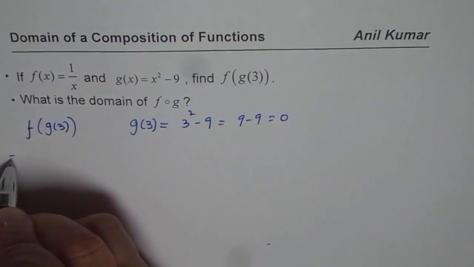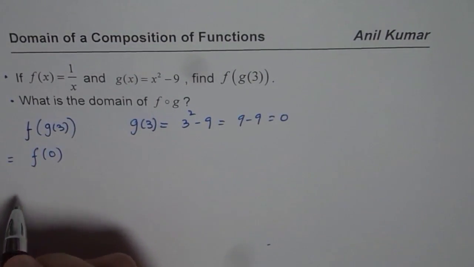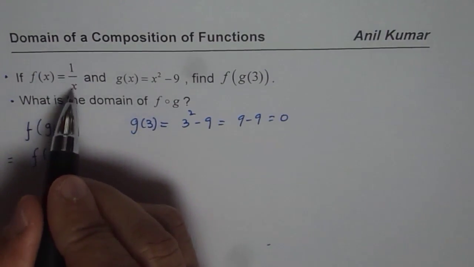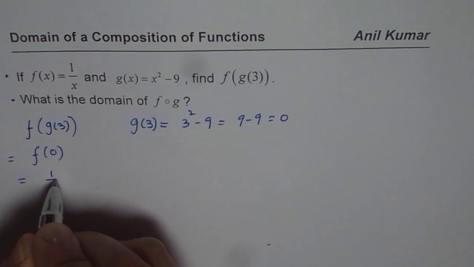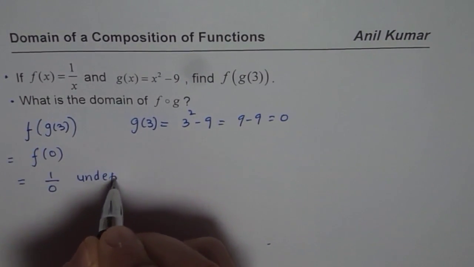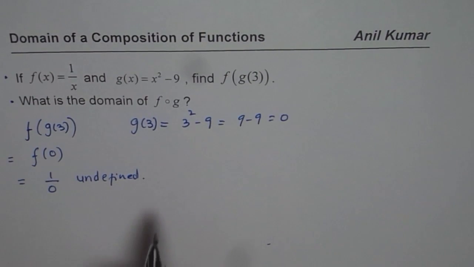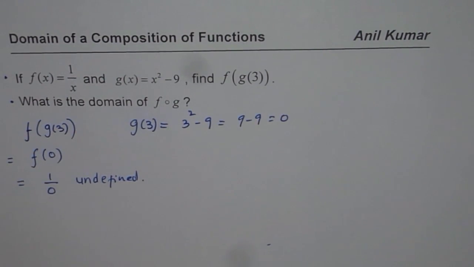And therefore we can write f of g of 3 as f of 0. Now f of x is 1 over x, so f of 0 is going to be equal to 1 over 0, which is undefined. So f of g of 3 is undefined, correct?